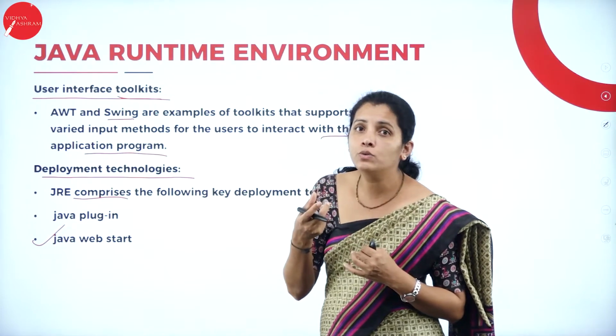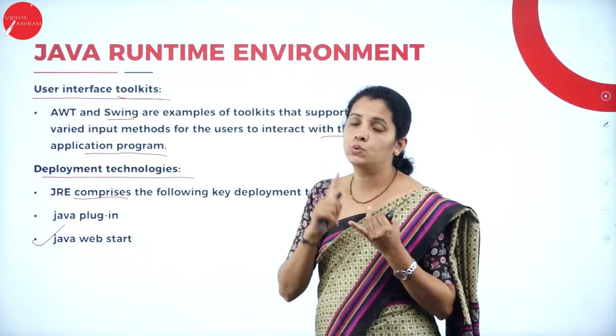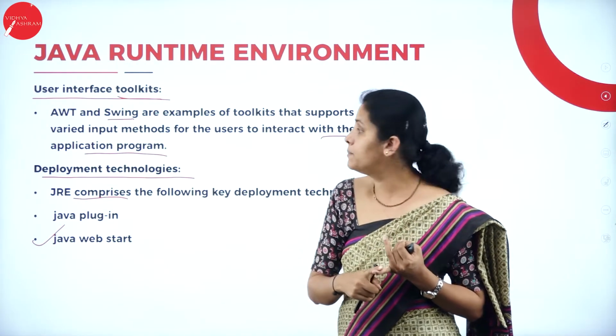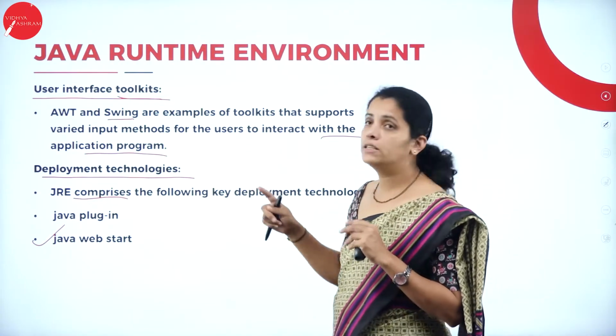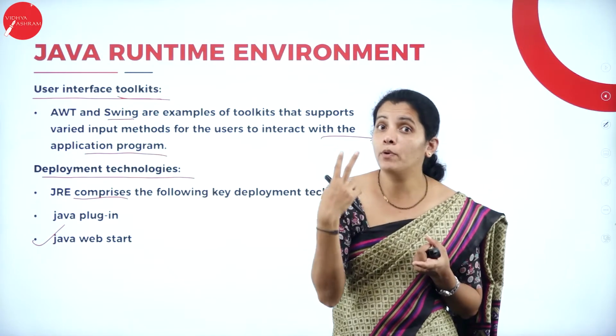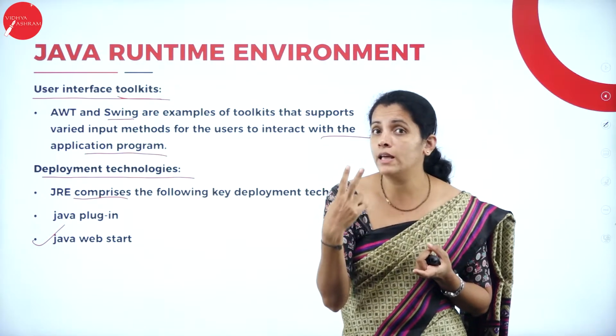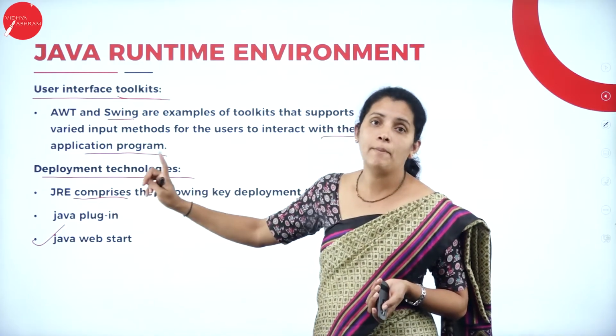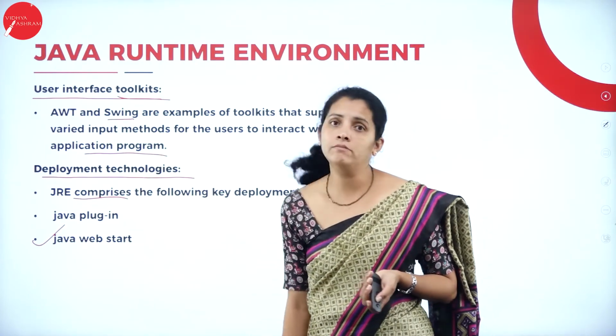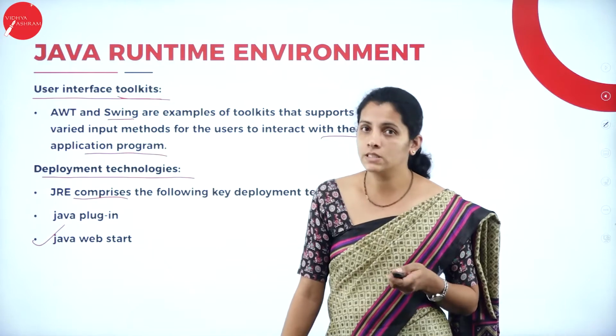What are the different user interface toolkits I have? That is Swing, and I have AWT. Then moving on to the deployment technology. What are the two types of deployment technology? That is desktop systems, that is the Java plugin, and I have Java Web Start.